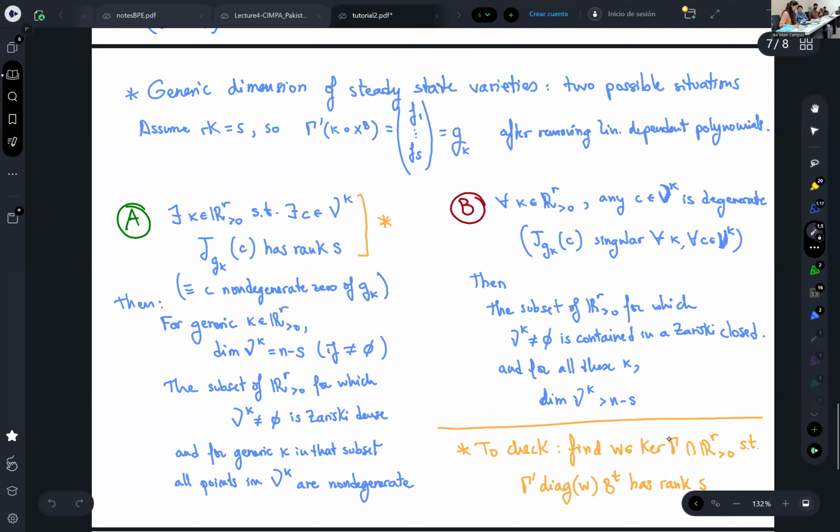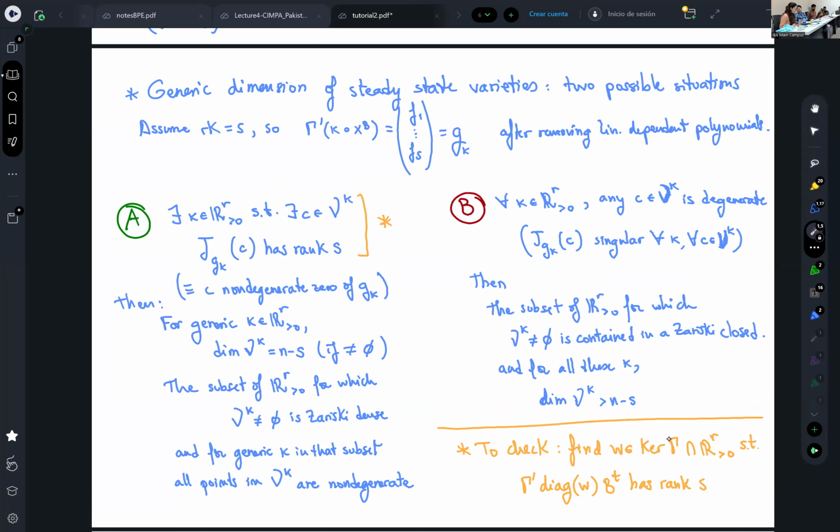And this has somehow the outcome of the other theorem that I showed yesterday. This was the theorem in which I was wondering about the dimension of the steady state varieties. And I showed you a big theorem with a lot of technical conditions there, but let's see what it means. So regarding the dimension of the positive steady state varieties, I have 2 possible situations.